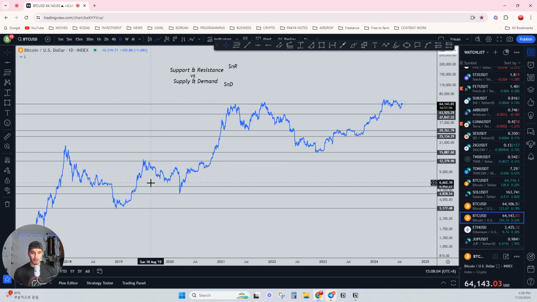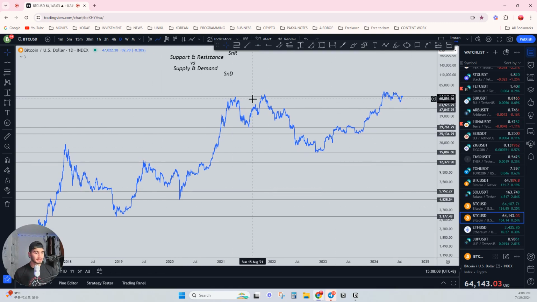So what we just drew is a support and resistance level. When price moves, it reacted at this level, whether later on in the market or in the short term. For example, when price moved up in the beginning, it touches this area, both of these lines, and then again it touches this area, and again this area.